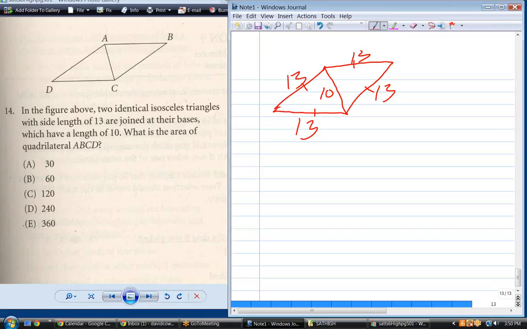How are we going to do it? Can you assume that that's a parallelogram? Yes. I don't think you can. Why? Well, I don't know.